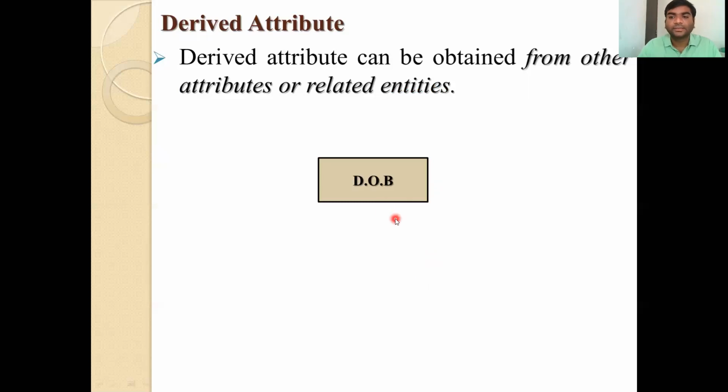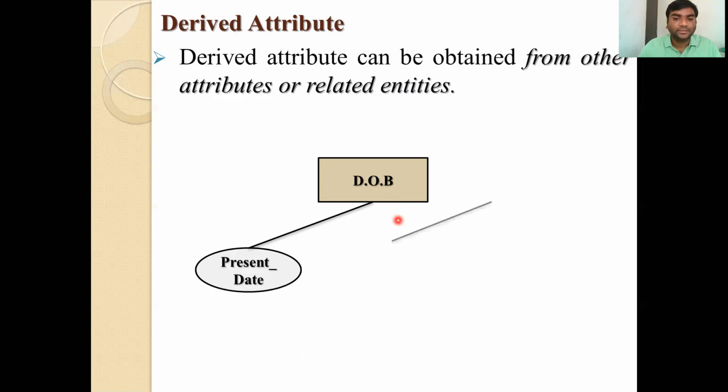Date of birth is one attribute. So how is age calculated? Now take the present date as another attribute, and you have to calculate your current age.